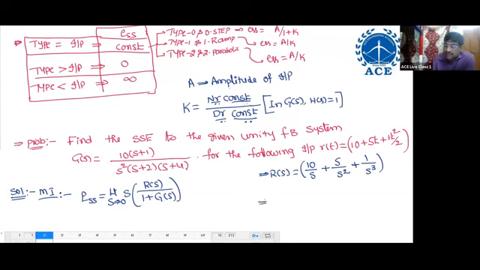R of S equal to 10 S square plus 5S plus 1 by S cube. Now substitute R of S and G of S.